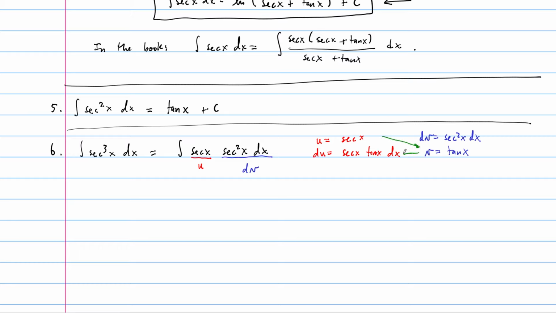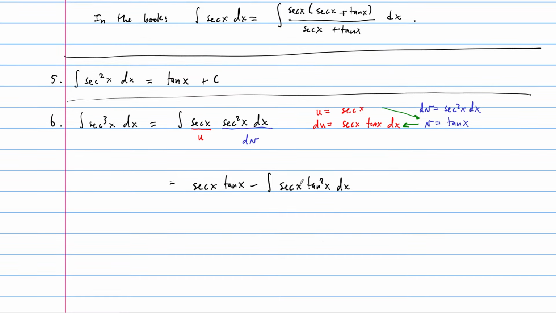And so then we apply our integration by parts. We multiply these, we integrate these, add, subtract, right? And this becomes what? Secant x times tangent x minus the integral of secant x times tangent squared x dx.